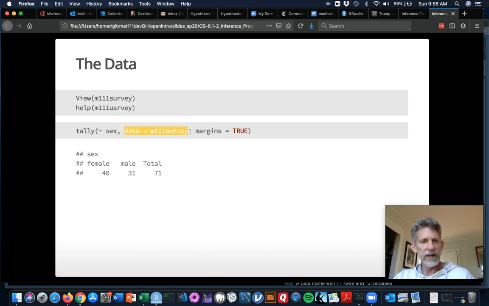Just have to mention the data set where it lives. And that's where we find that 40 out of the 71 students in the sample were female. So a majority of the students in the sample were female. But is that strong evidence that a majority of students in the population of all Georgetown College students are female? That's our question.